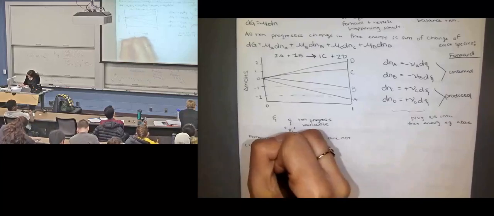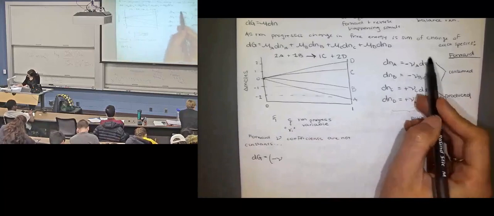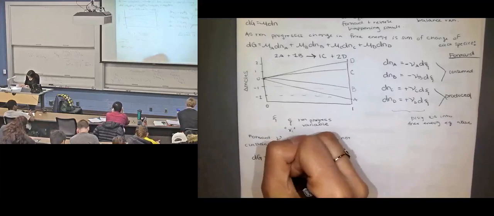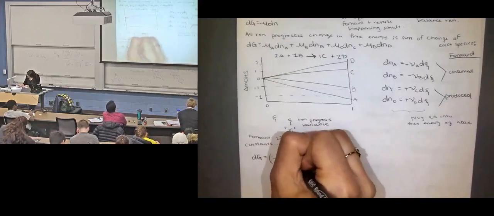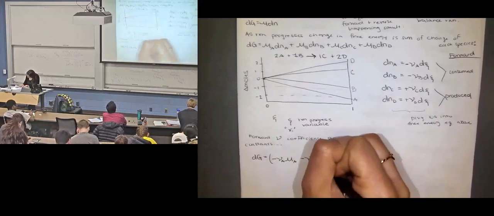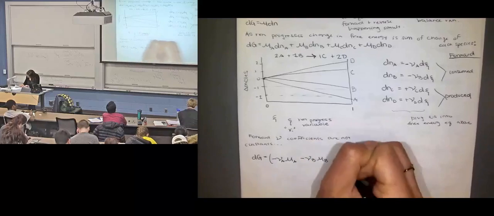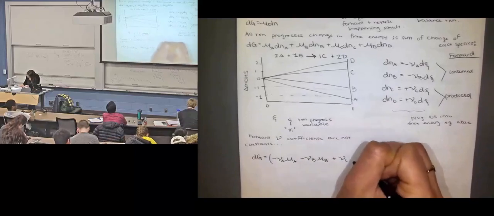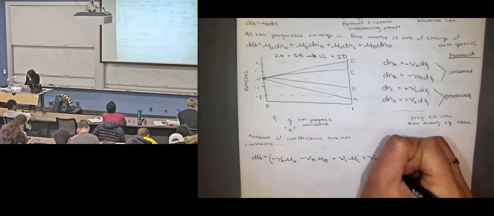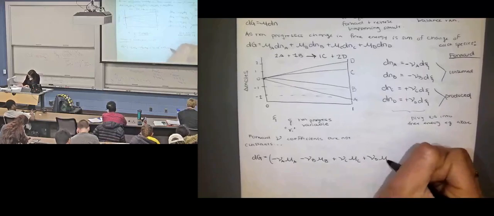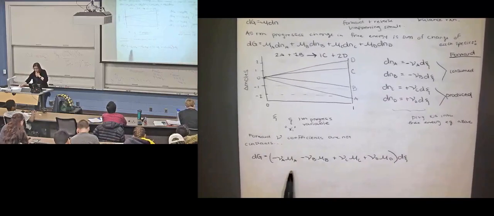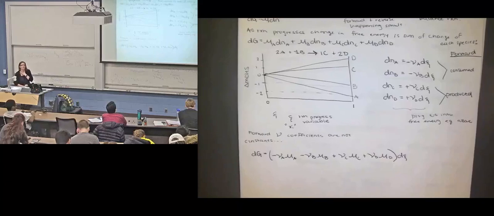So I have negative, plugging in the change in the number of moles of A, my stoichiometric coefficient of A times the chemical potential of A. It's a negative sign because it's getting used up. I have the stoichiometric coefficient of B times the chemical potential of B. I'm making some stoichiometric equivalent of C times the chemical potential of C, plus the coefficient of D times the chemical potential of D. All I've done is pull the reaction progress variable out of everything. It's in every one of these terms because it was multiplied by the stoichiometric coefficient of each.